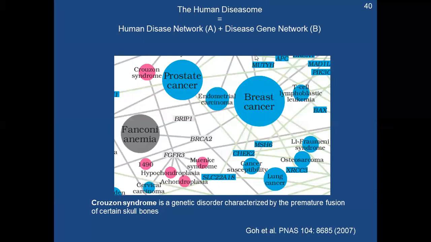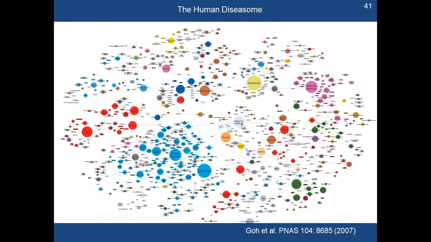So now they combine the two and generate a new network. So this is the human disease network plus the disease gene network. So we are going to see the edges as genes and the nodes as diseases all together like this. And this is what the overall picture looks like.